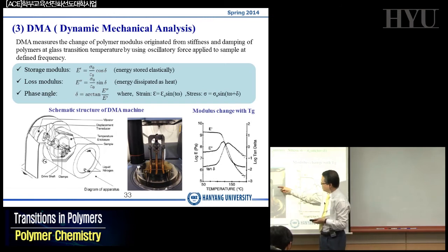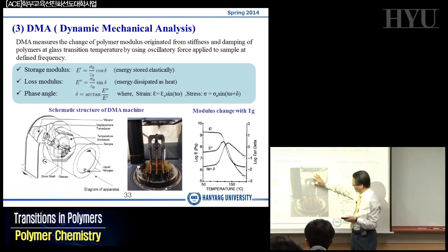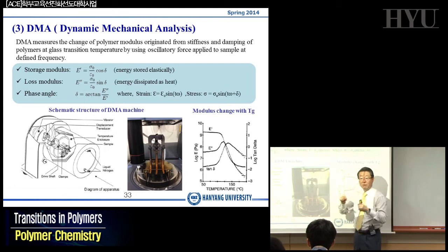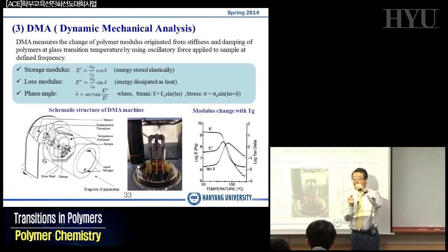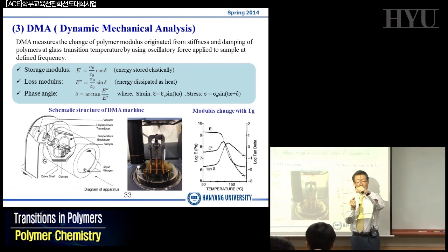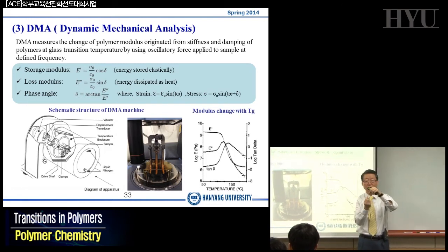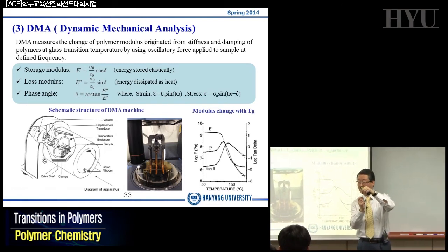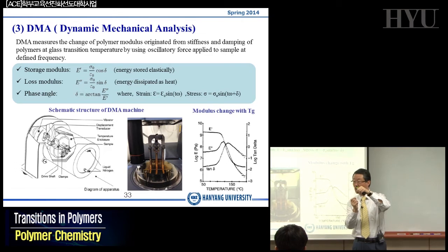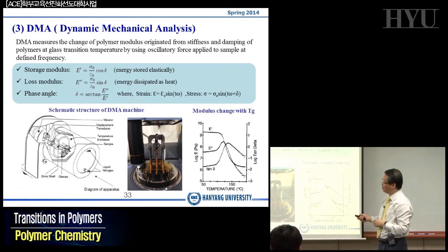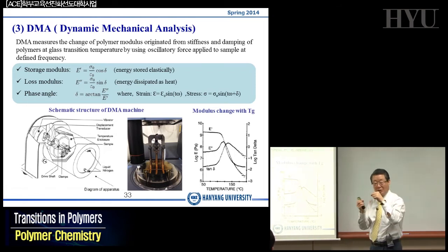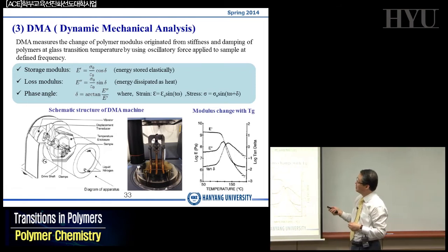This is the sample pan where you put the film in the two jaws, so that you have your film sample and you vibrate it. Okay, if you vibrate it, oscillations. Now, the amplitude of the oscillation is called theta.